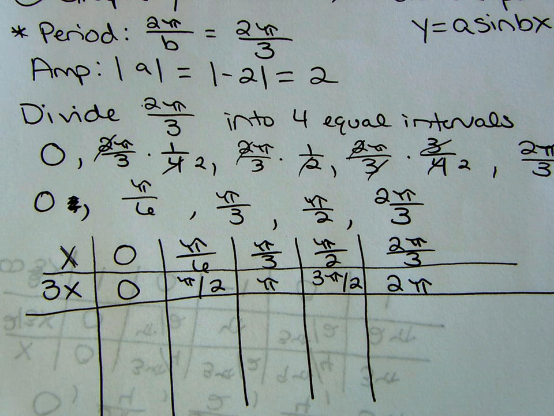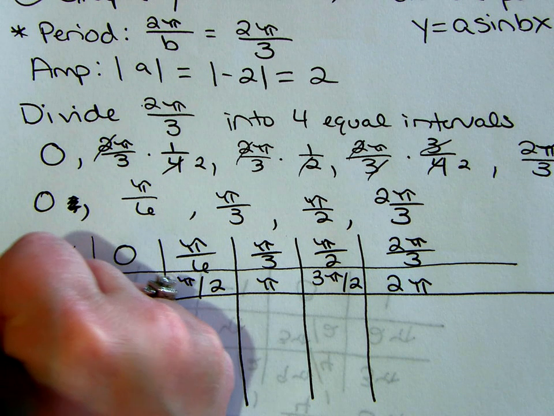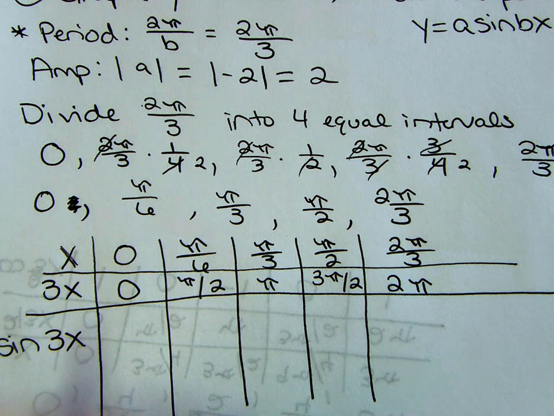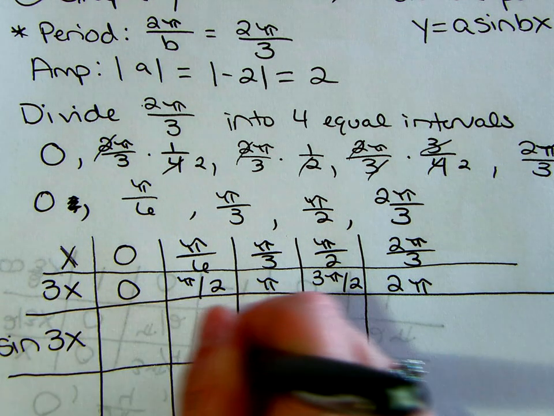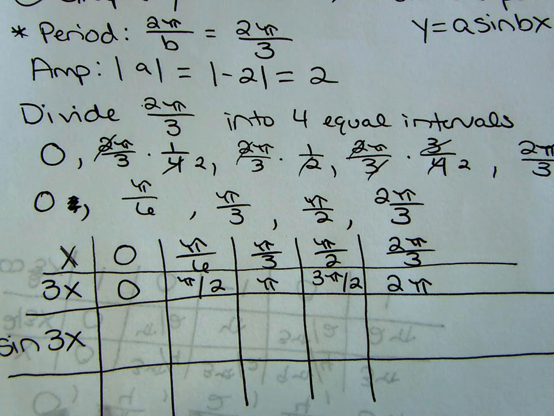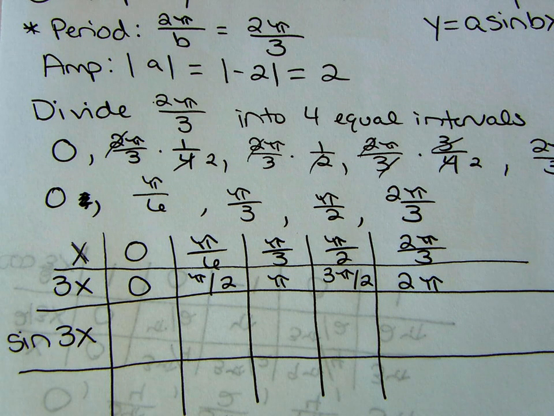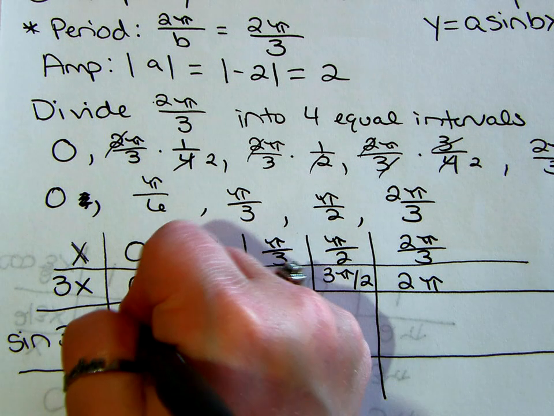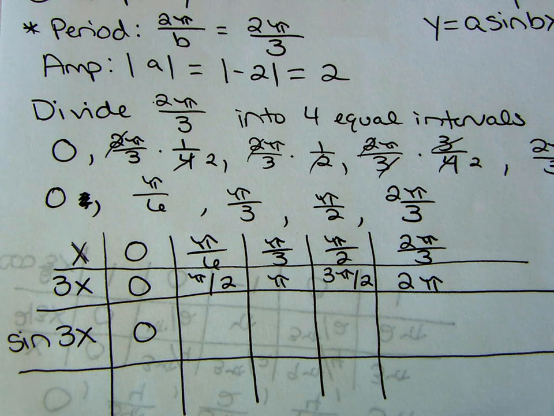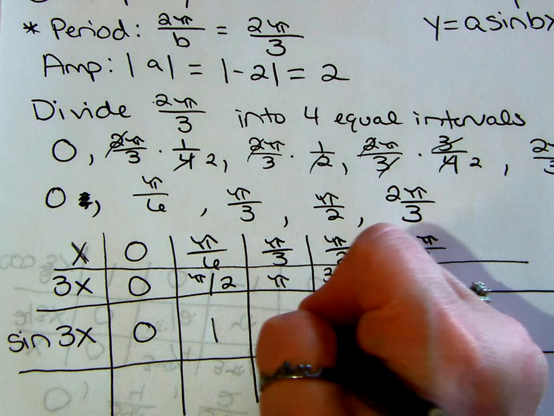Next, I'll find sine of 3x. Again, knowing the unit circle helps this stage go a little bit quicker, because if I know that sine is asking for my y values, then when I'm looking at sine of 0, I know it's 0. And pi over 2 is 1, and 0, and -1, and 0.